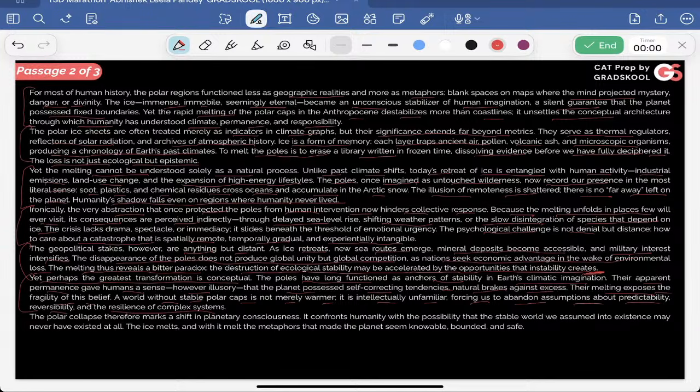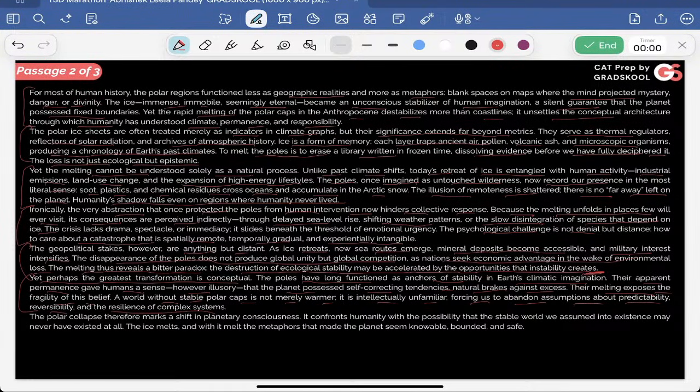I don't know how many of you have understood this paragraph. It's more of a philosophical thing about polar caps. I'll just tell you superficially: if you still remember the Earth's axis of rotation, it's tilted around the polar cap.